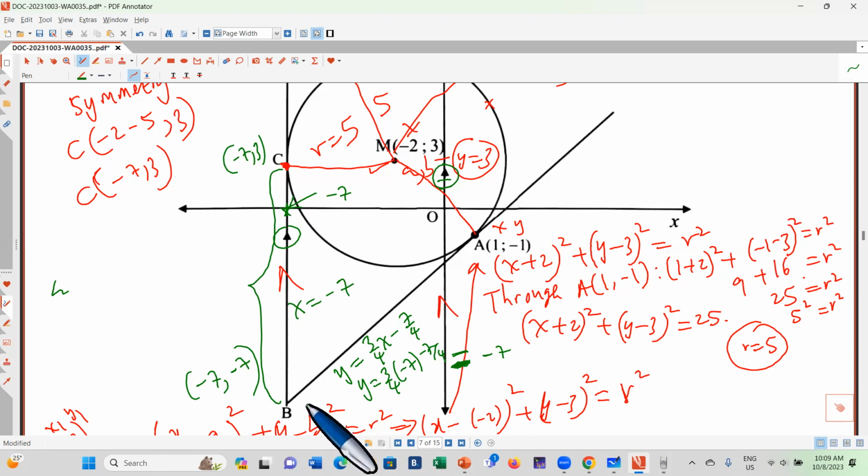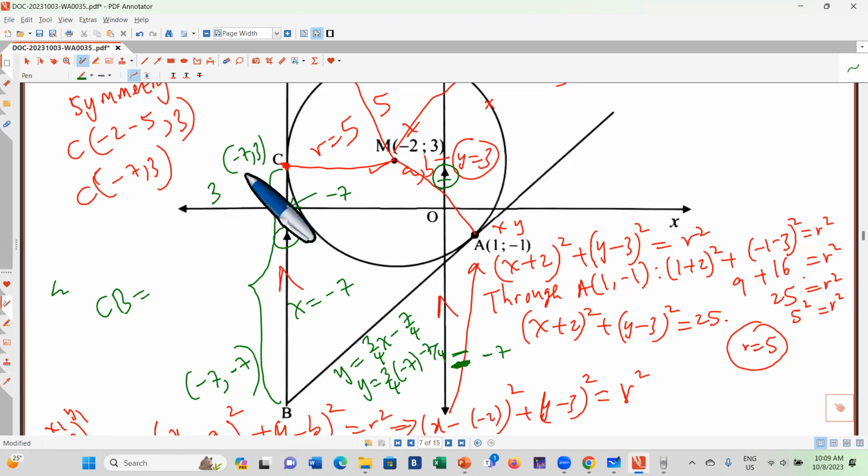So it's obvious. How do you find the length of CB? It means that CB is the distance from C to the x-axis, and then from the x-axis to here. What do you think?